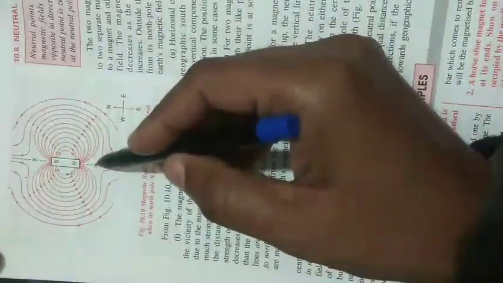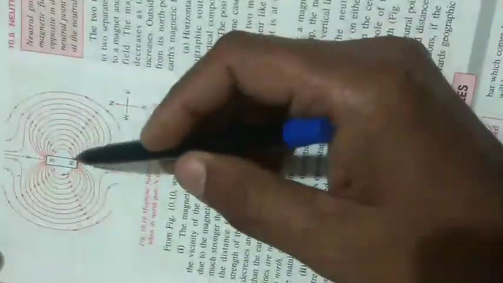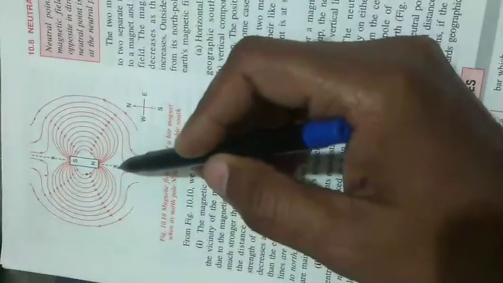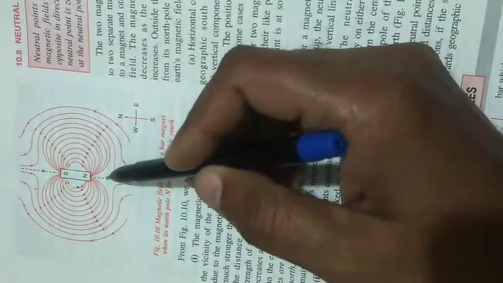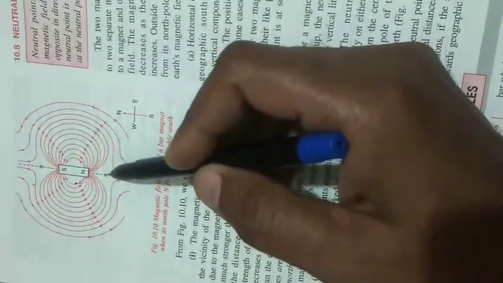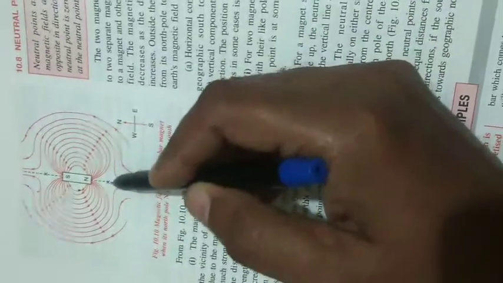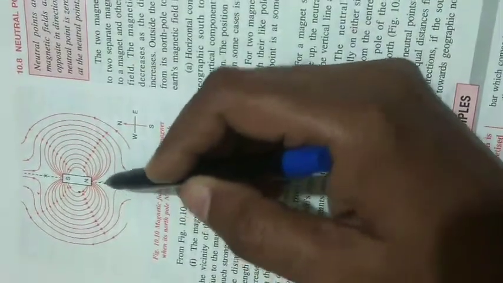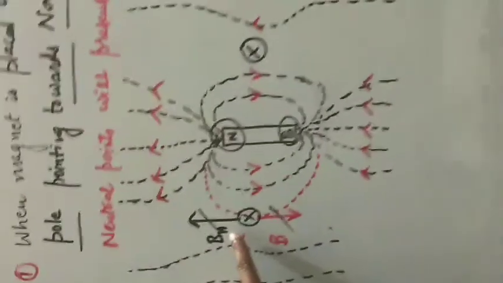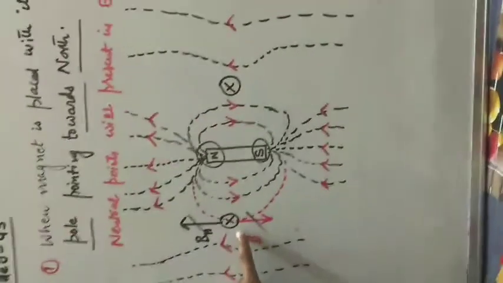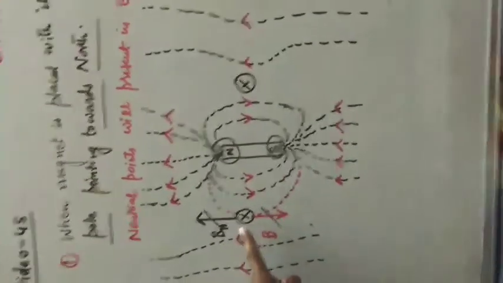We try to see the magnet's magnetic field: you will get it in the downward direction, and Earth's magnetic field will be in the upward direction. So both will cancel each other, just like this case. Here also the magnetic field direction was just opposite to the direction of the magnetic field of Earth.